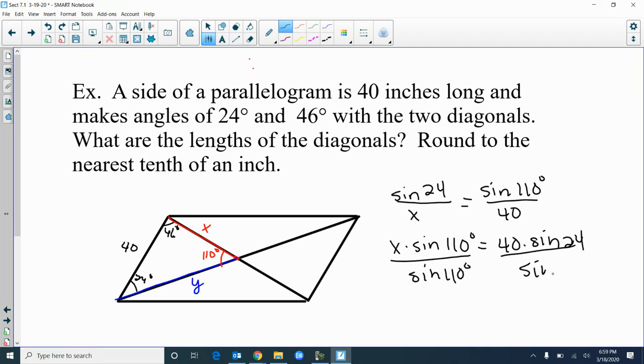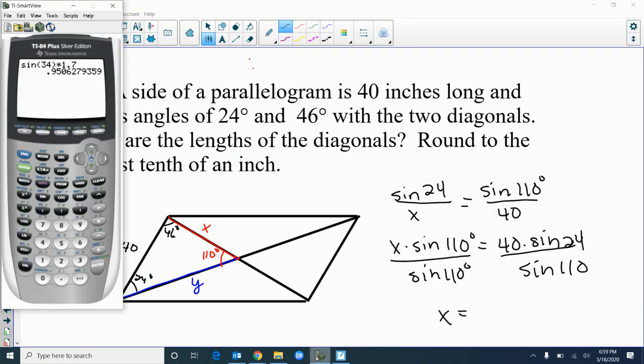And what do we get for X? 40 times sine of 24 divided by sine of 110, and I get 17.3.